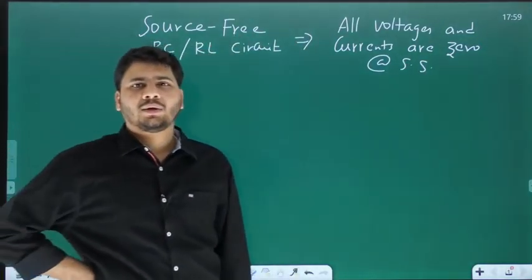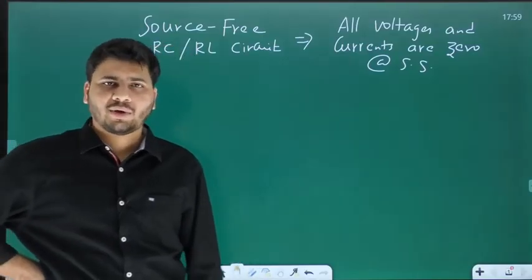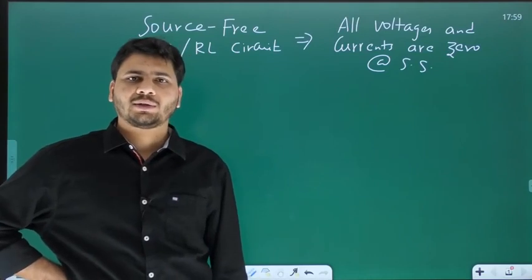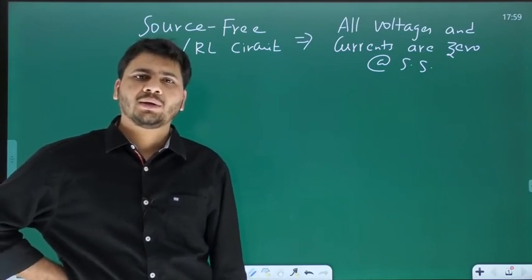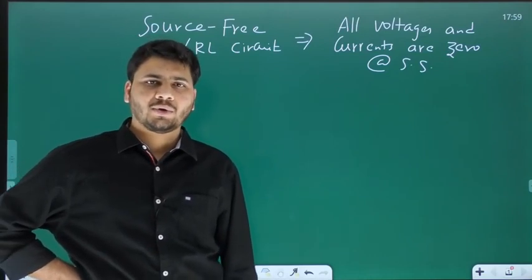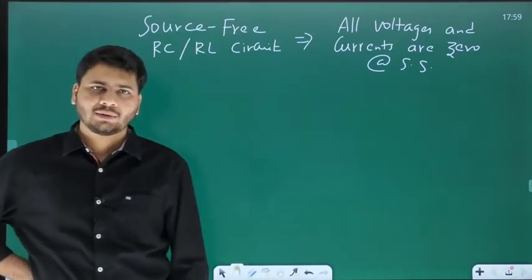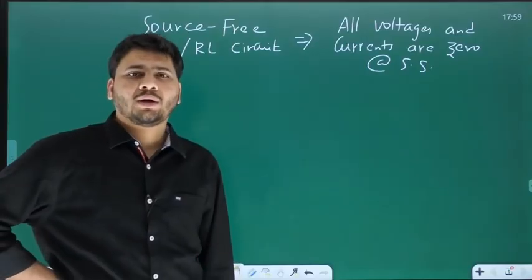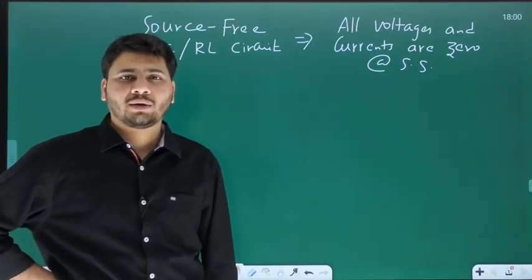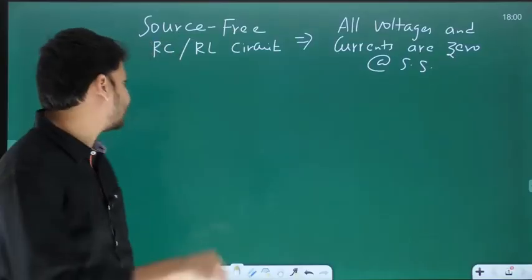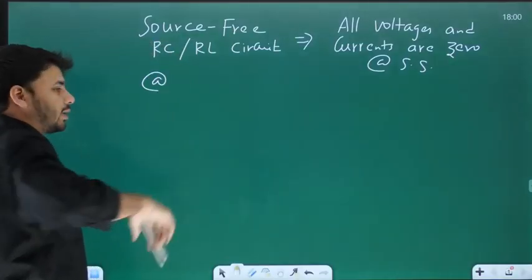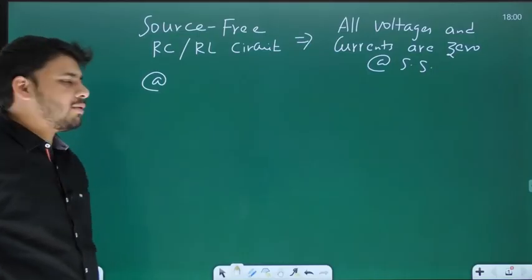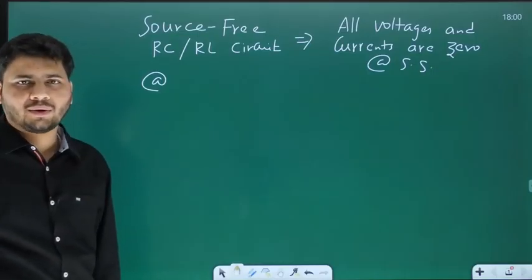Okay, and then the other trivial fact that we have is what? For a capacitor, the voltage drop cannot change instantaneously, and for an inductor, the current flowing through it also cannot change instantaneously. And for that very reason, whenever the switching action takes place at t equal to 0, we always draw the circuit at t equal to 0 minus.